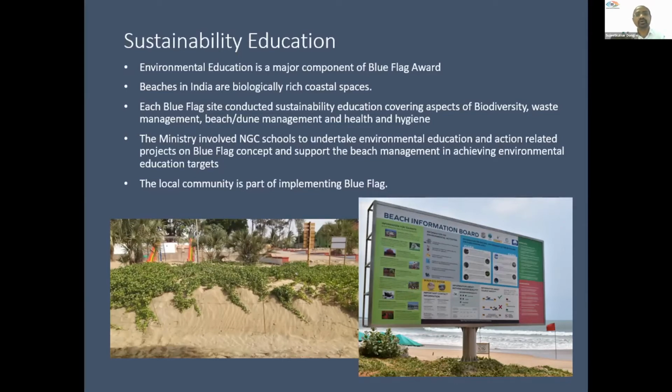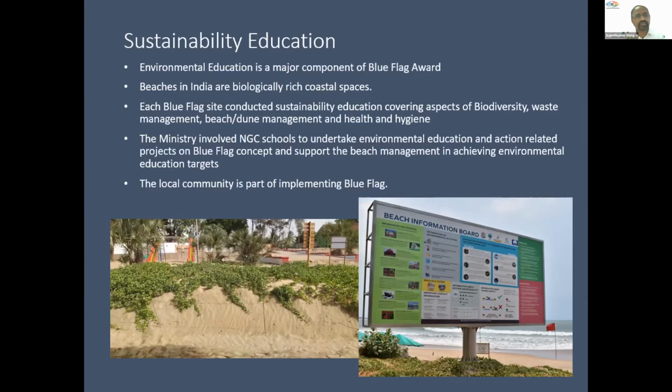We have education with respect to waste management. Every Blue Flag beach has its own waste management unit, where the wet waste and the dry waste are collected, and the waste is composted and used in order to develop our sand dune vegetation.